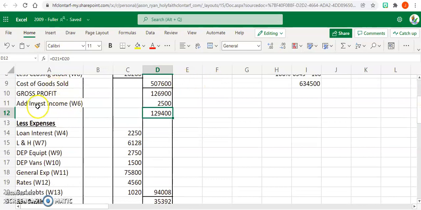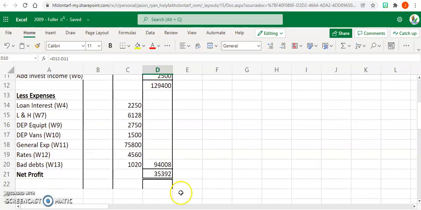And we know we're going to add our investment income and get our gross profit. So if we're adding our investment income, we're going to take this away. So 129,400 minus our investment income will give us a gross profit of 126,900. All we're doing is working backwards.